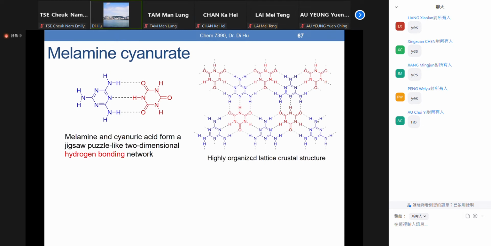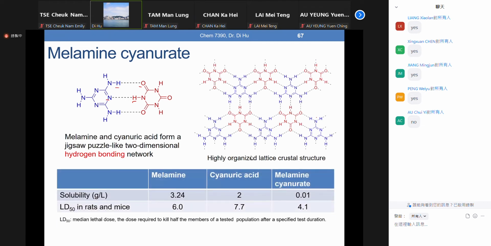When melamine and cyanuric acid are together, they can form a jigsaw puzzle-like two-dimensional hydrogen bonding network, with nitrogen, hydrogen, oxygen. So they have this kind of highly organized lattice crystal structure. And what happened to that? Let's look at the solubility. For melamine itself, its solubility is 3.24.